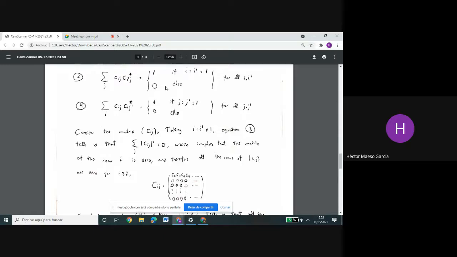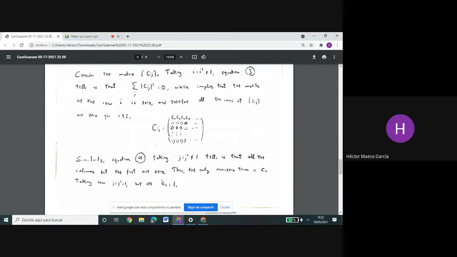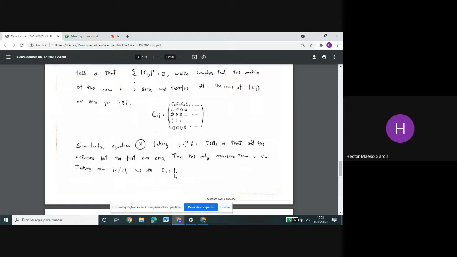And so with these equations for i equal i prime different than 1, we can prove that all the rows of this matrix, but the first one, are 0. And with the other equation, doing the same for the j's, we can prove that all the columns of this matrix, but the first one, are 0. And this implies that all the c's are 0, but the first one. And so this implies that C11 is 1.